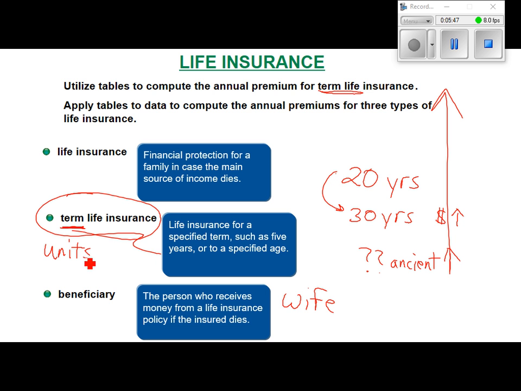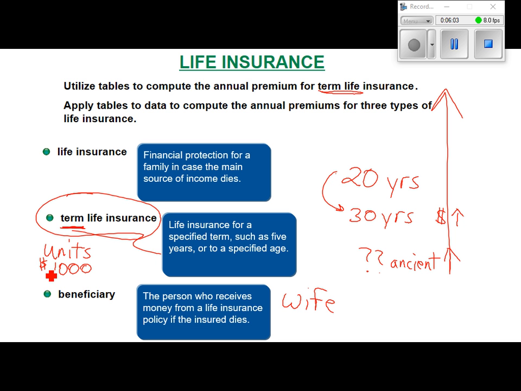Each unit is usually considered $1,000. So if you just want one unit, then you're getting $1,000 worth of coverage. If you want 2 units, $2,000. 3 units, $3,000. So on, so on, so on.